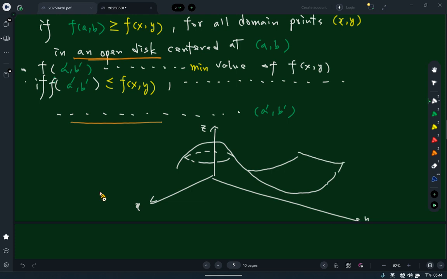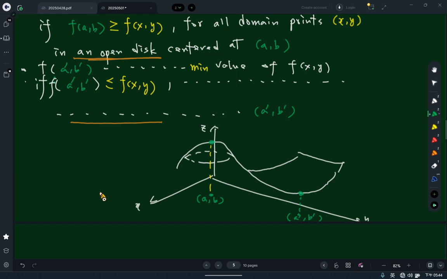For example, if this is a local maxima point, this is a local minima point. For example, if this is (a, b), and this point is (a', b').